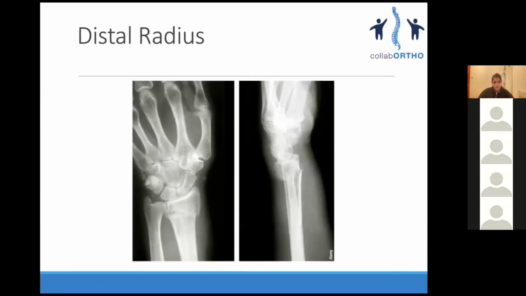Can someone describe this X-ray to me, please? Is it a fracture of the distal radius? Yeah. With volar angulation. Okay.